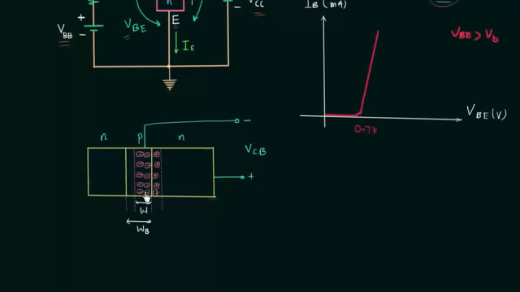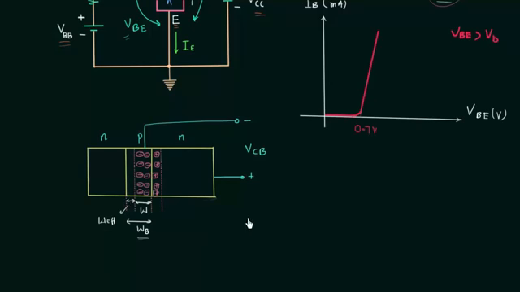Let's say width of depletion layer in base region is equal to W and the metallurgical width of base is equal to WB. Width of this region with no penetration of depletion layer is W effective, I am calling this width effective width because recombination of majority charge carriers will take place only in this region.